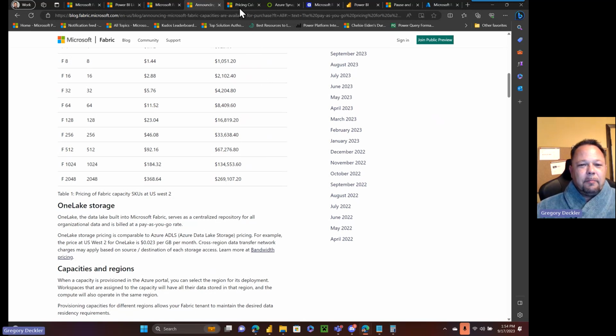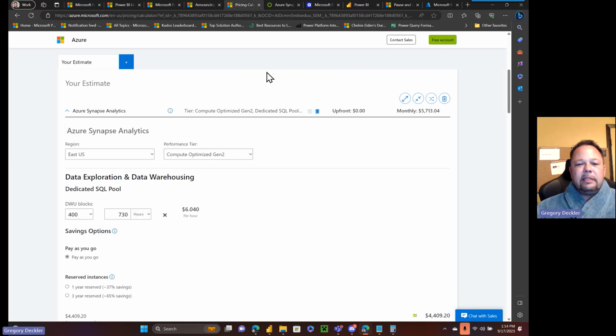So anyway, the other interesting thing about all this is that most of the information I've seen from MVPs and everyone else really approaches this from a Power BI standpoint. But Azure Synapse is a very different beast. It's not capacity based.